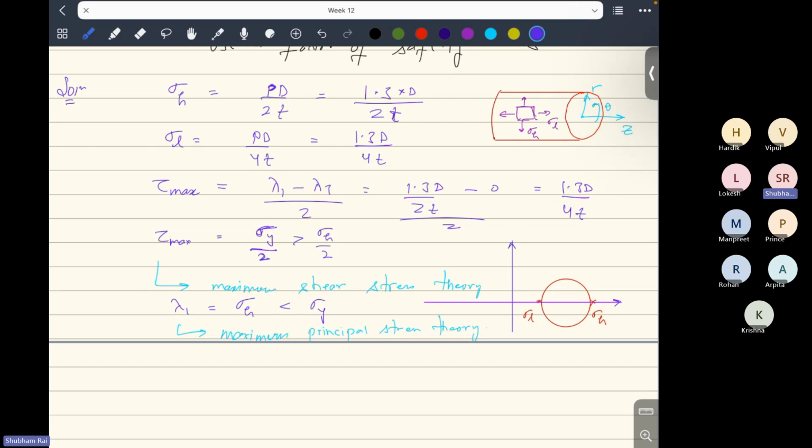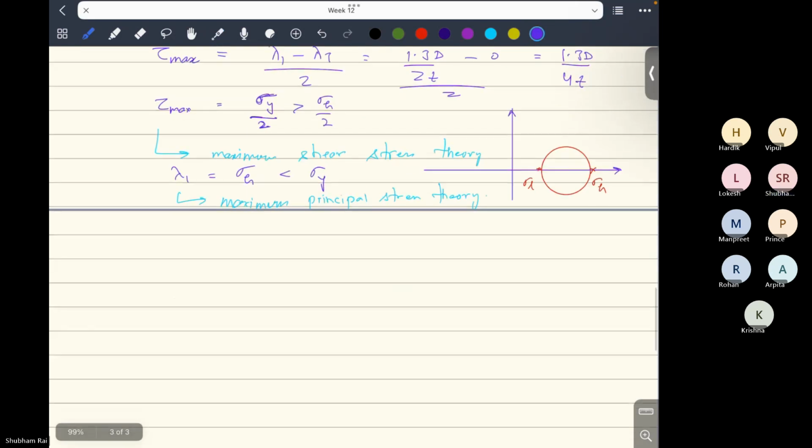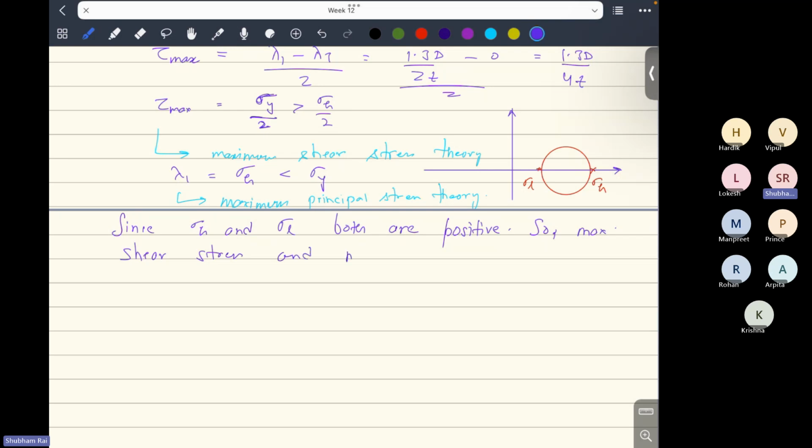So what we can conclude is, since sigma h and sigma l both are positive, the maximum shear stress and maximum principal stress theories are the same.